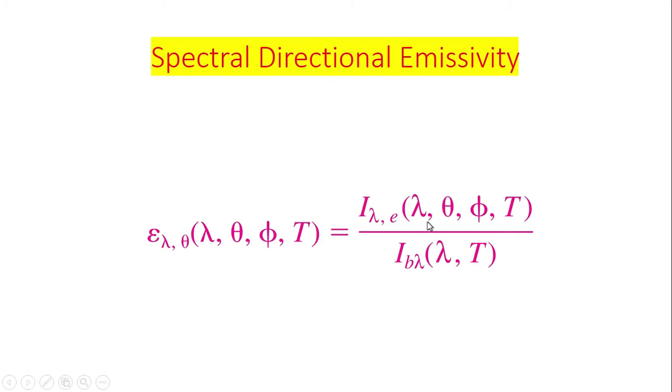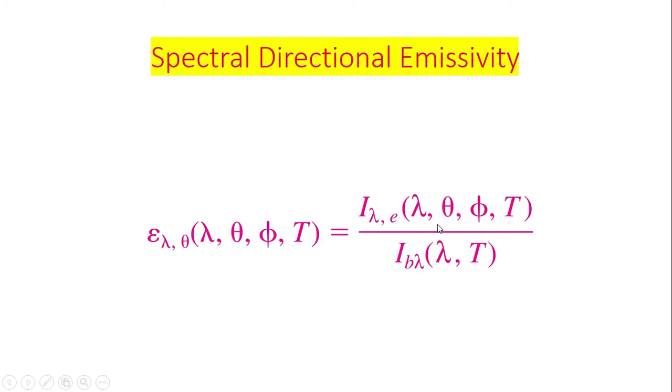Here the subscript lambda denotes the wavelength, and theta and phi are used to designate the spectral and directional quantities of the radiation intensity from the real surface.